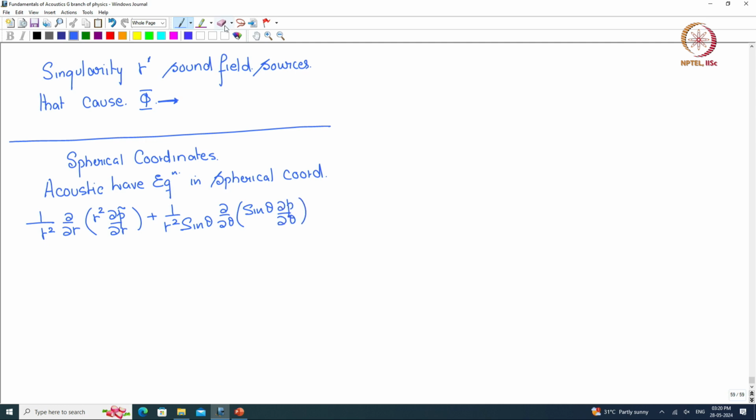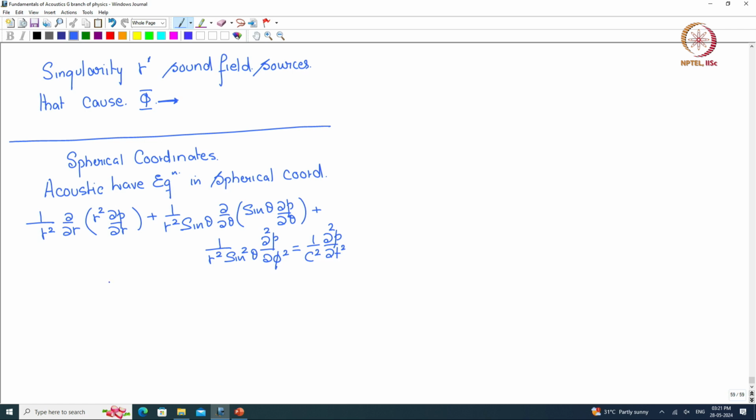Let me just keep the tilde out for now. Plus 1 over r square sin square theta del 2p by del phi square is equal to 1 over c square del 2p by del t square.